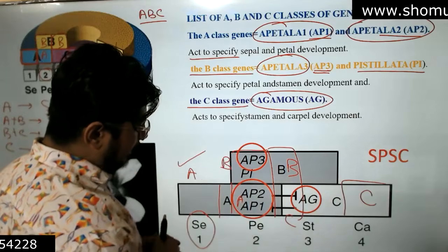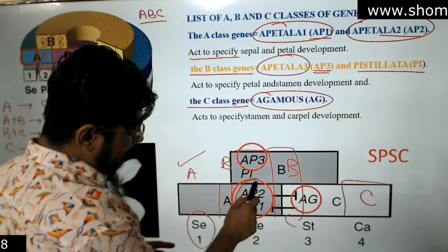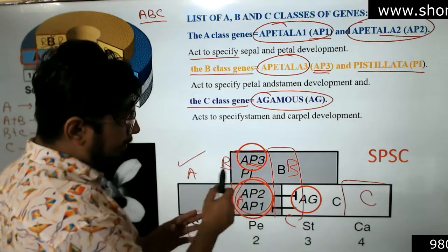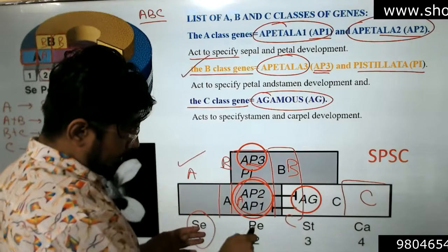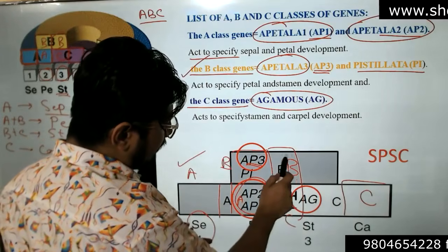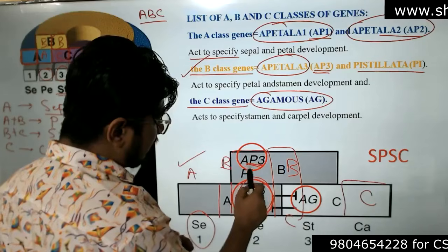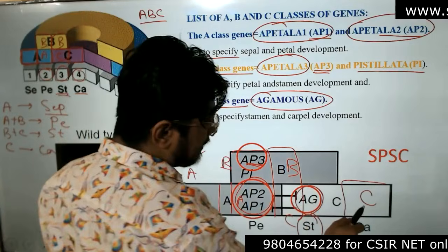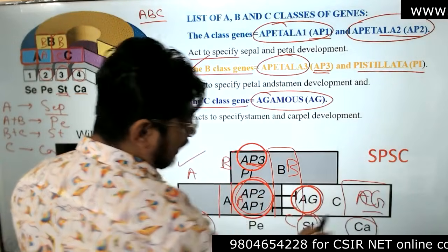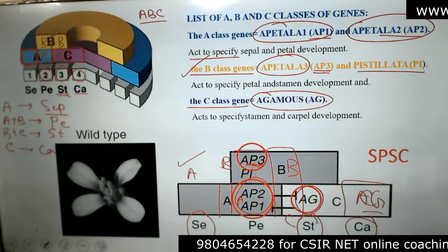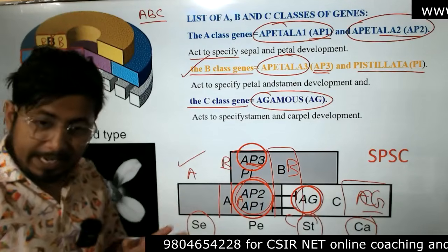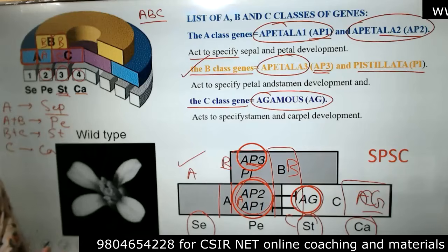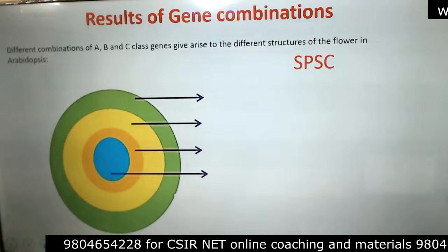In the second one, where you have A and B both, Apetala 1 and Apetala 2 from A class, and Apetala 3 and PI from B class are both working. In the third, B class, that is Apetala 3 and Pistillata, works along with Agamous: stamen. And C only, Agamous is working: carpel. Clear? If you know these three different genes, their products, and how they interact to form four different whorls, that's all you need to understand to answer the question from this part.